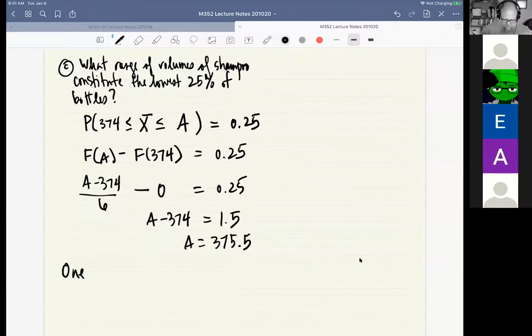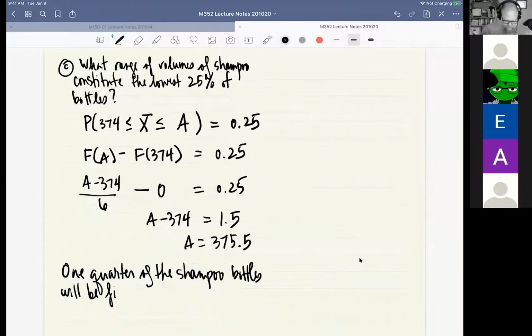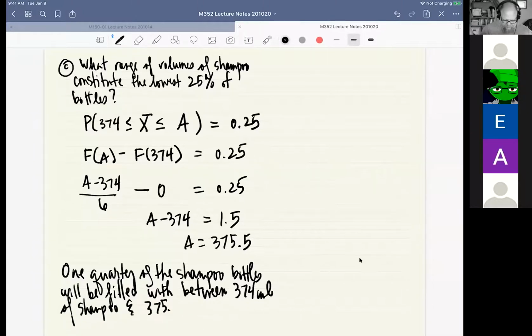So I can conclude 1/4 of the shampoo bottles will be filled with between 374 milliliters of shampoo and 375.5 milliliters.